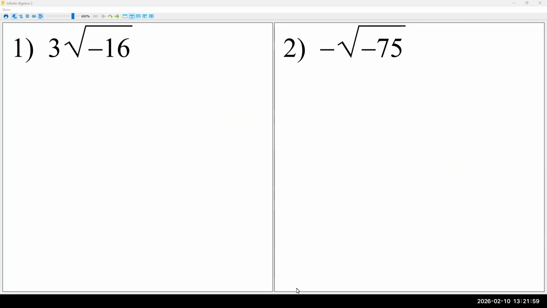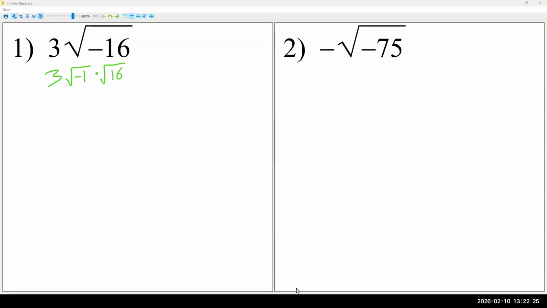So let's look at the first two. I think you have 5 or 6 problems like these on your paper. I think it's 5. They're all pretty much the same, so we'll do these as my examples. First thing I'm going to do, I'm going to show the shortcut and long cut of this one. The long cut way would be to say, okay, this is the square root of -1 times the square root of +16.